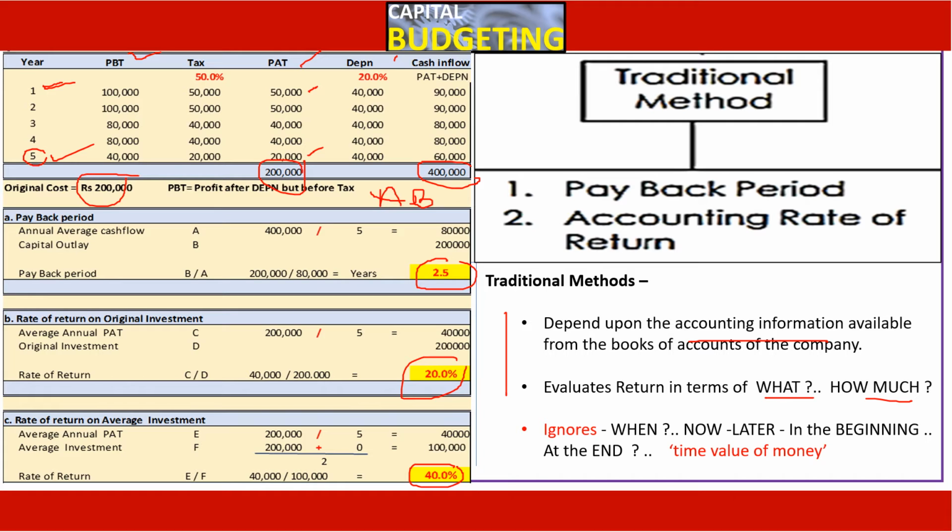Because if you go to a bank and tell them, give me 10,000 rupees and I will repay you after 1 year, bank will say fine. If you tell them that give me 10,000, I will pay you after 5 years, he will say, wait a minute. We need to protect our interest in terms of income.